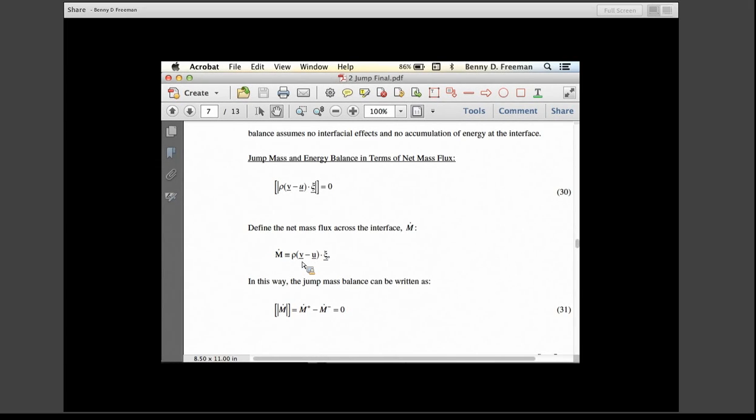And so this additional term, that is the velocity of the interface, or u, that appears in here, allows the interface to move without having that be a contribution to the net rate of transport of material from one phase to another.